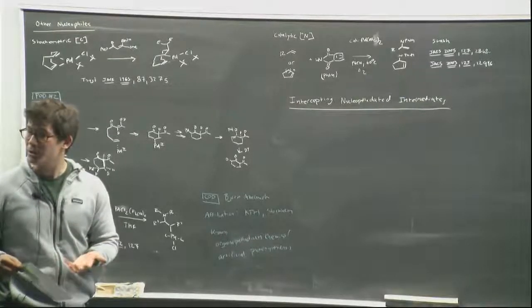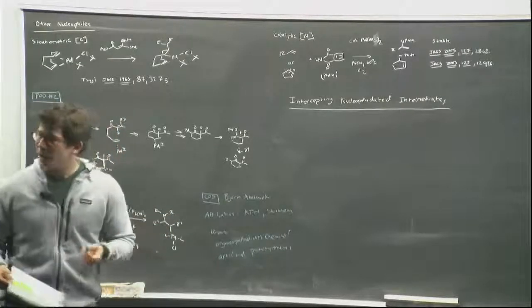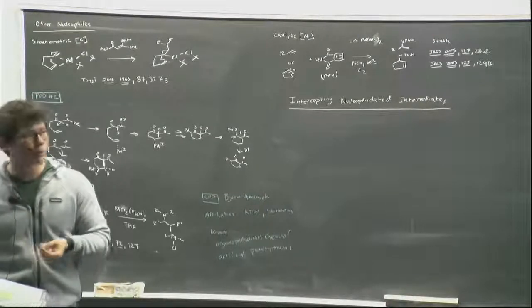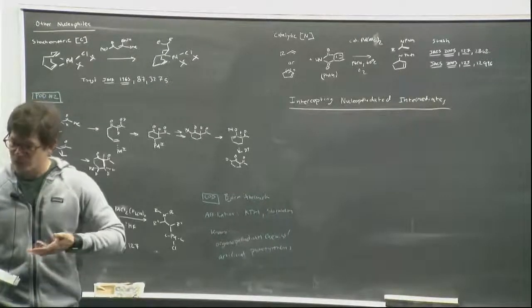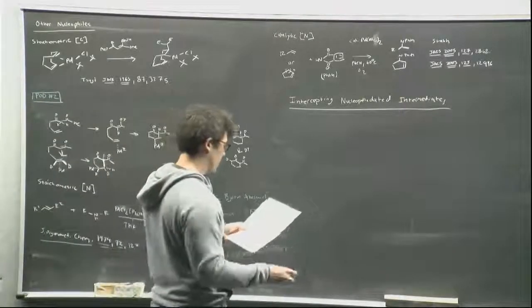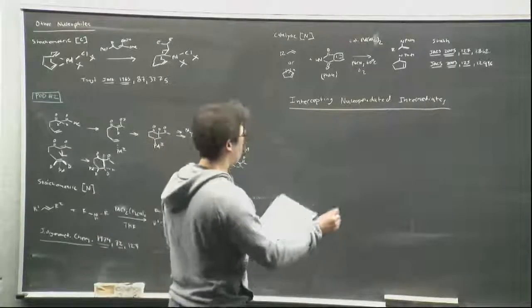It creates 2 new stereocenters, creates 2 new bonds, and so part of what's inherent to the Wacker oxidation or the Heck reaction, which we'll cover in a minute, is that the stereochemical information gets ablated in the beta-hydride elimination step. But if you can trap the intermediates, then you can really harness the full potential.